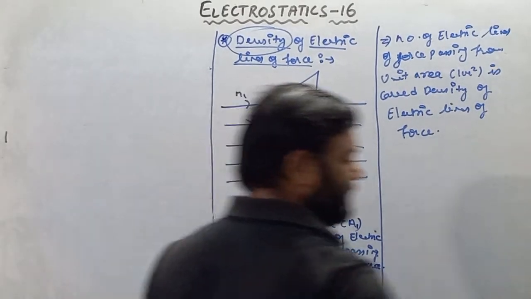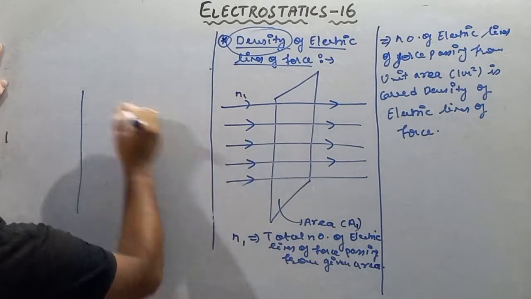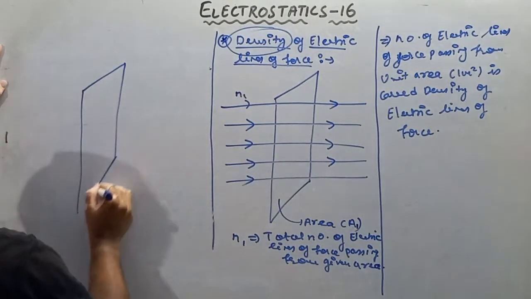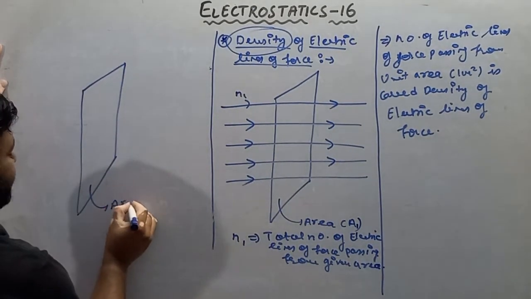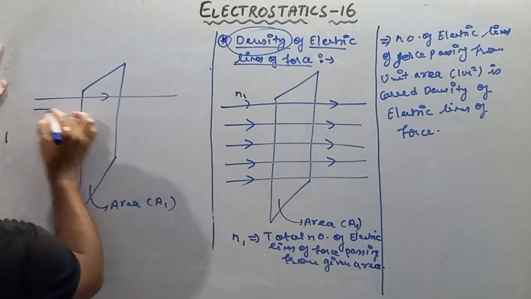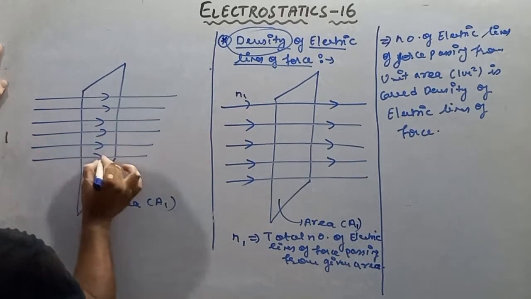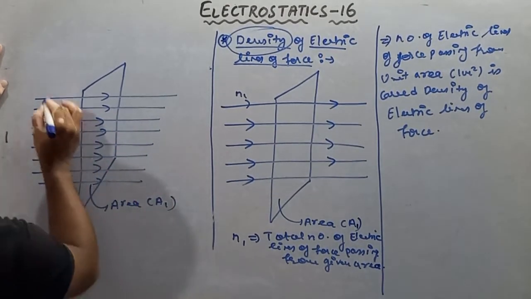Now see, if we have one more area similar to this area, let's suppose this area is also A1. Let's suppose the number of electric field lines passing through this area is N2.